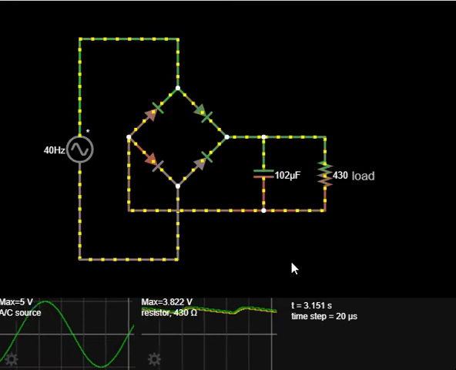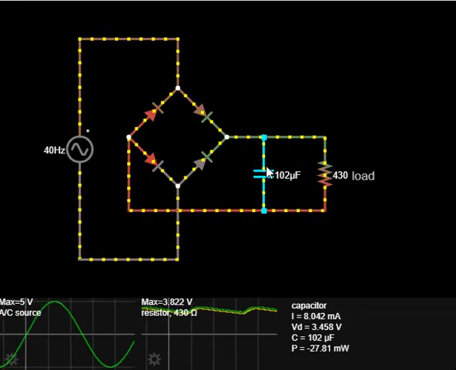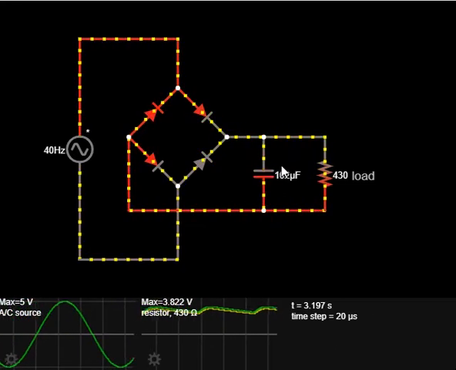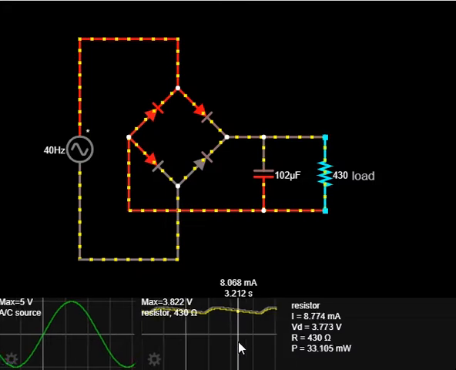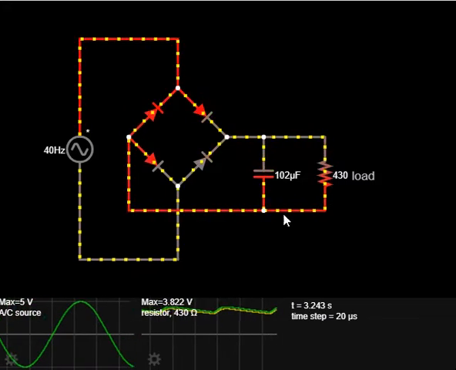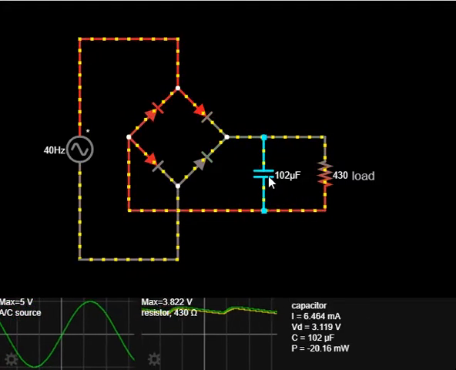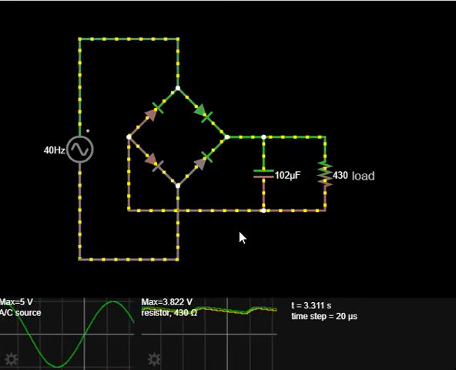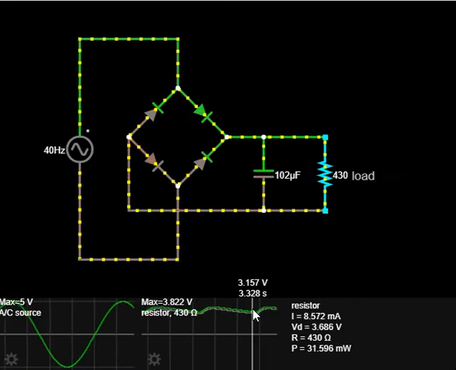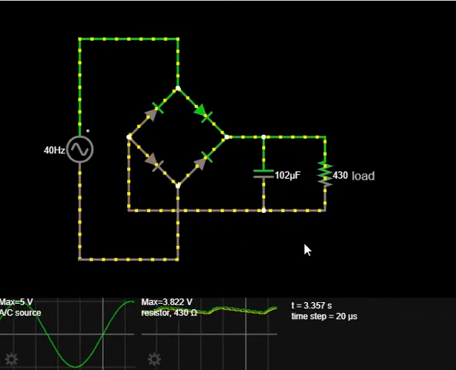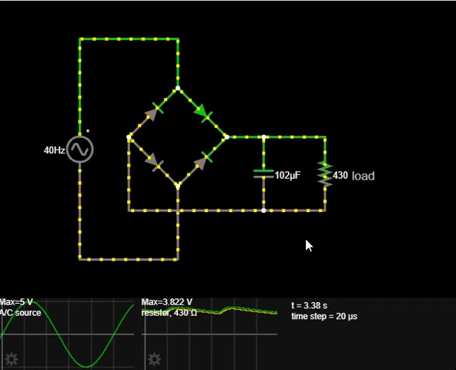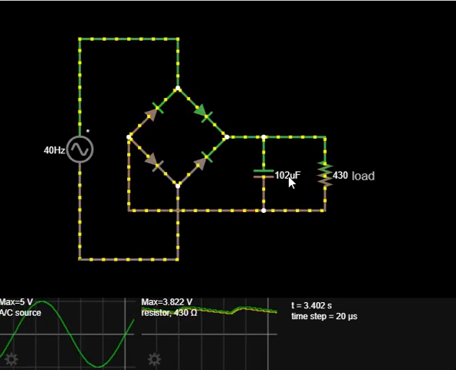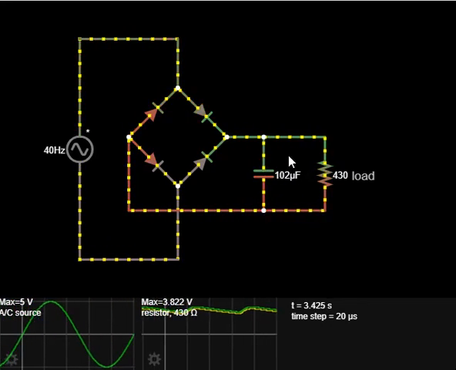So this depends on the capacitor value. If the capacitor value is less, then the gap will be more. If the capacitor value is exact according to the frequency and design, then here will be a DC straight line. So capacitor calculation is very important in the rectifier.